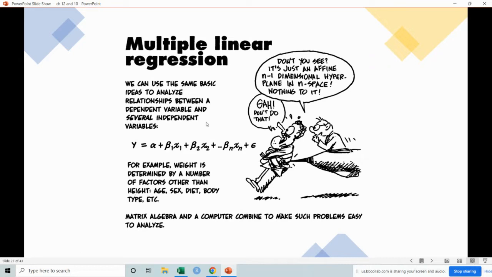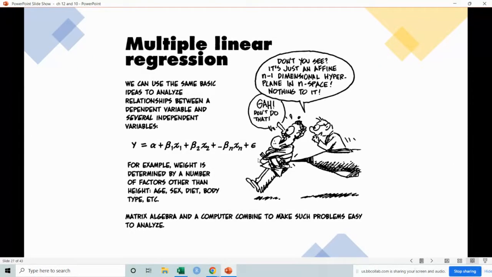There's more to that relationship, particularly age, sex, diet, body type, etc. So say x1 is age, x2 is sex, x3 is diet, x4 is body type, etc. We'd want to find out what each of those coefficients were, and we would learn more about the particular problem.